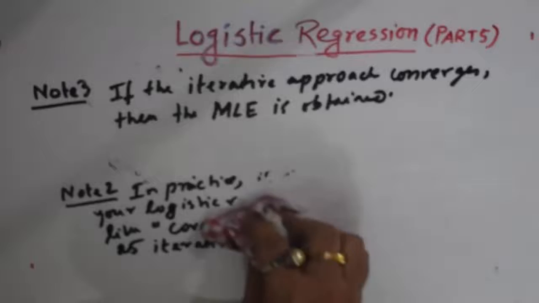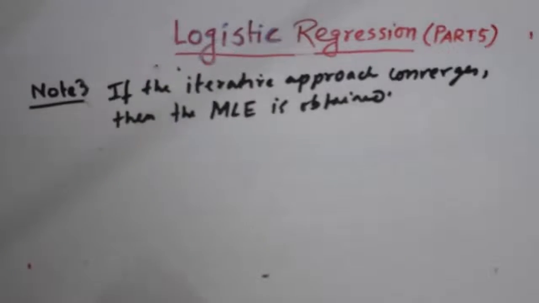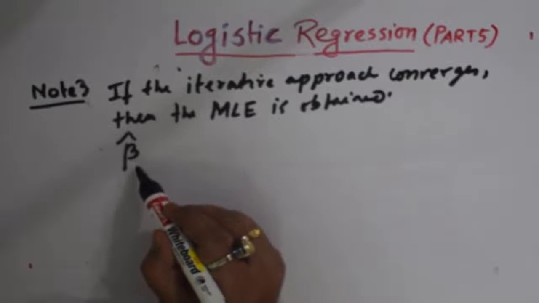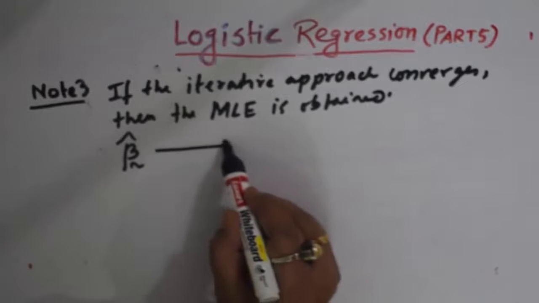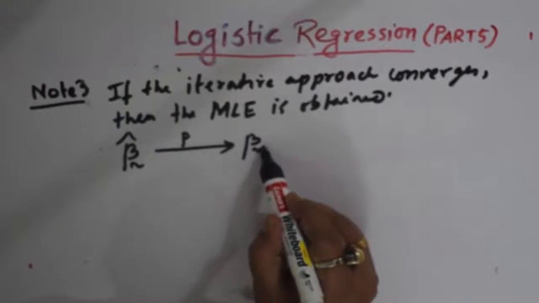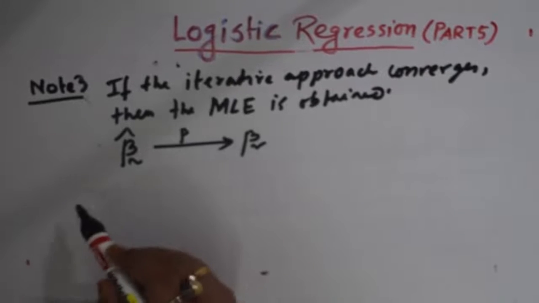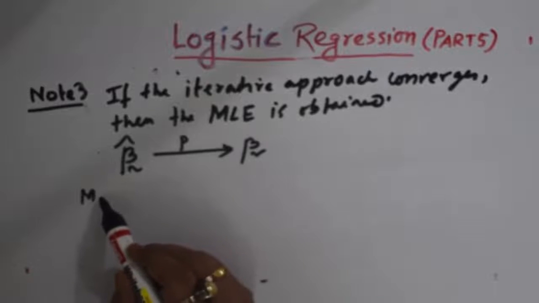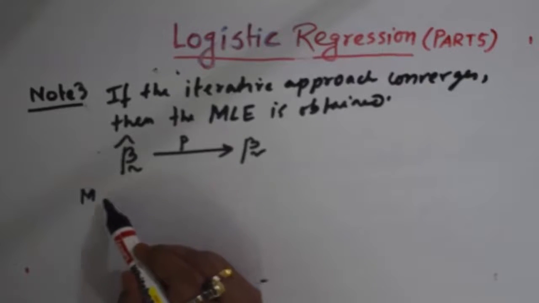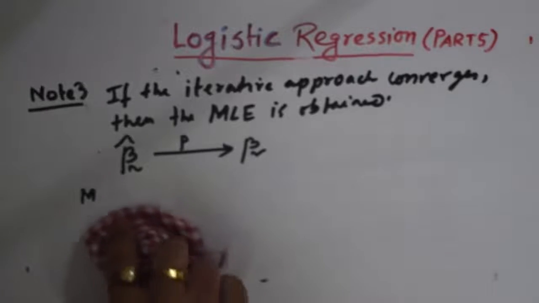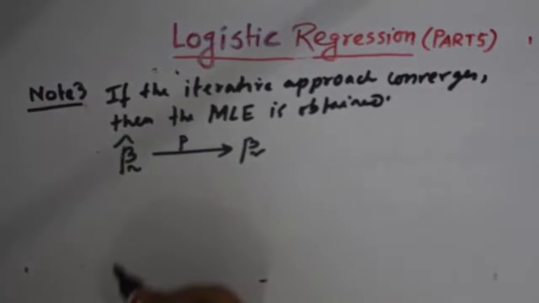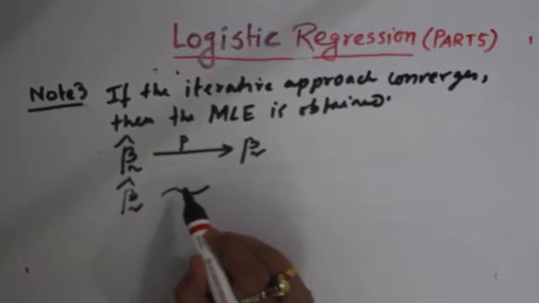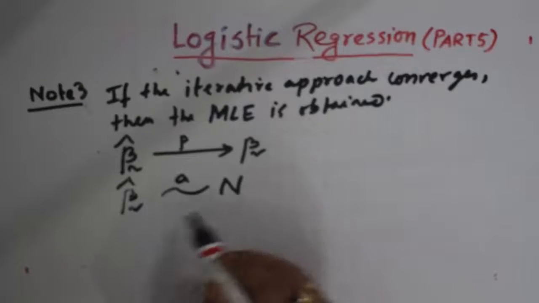When MLE is obtained, say it is beta hat curl, then it is a consistent estimator, and moreover, from the property of maximum likelihood estimator, we know that beta hat curl is asymptotically normal.